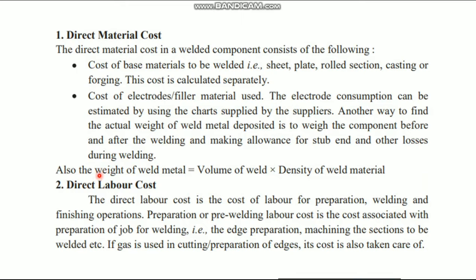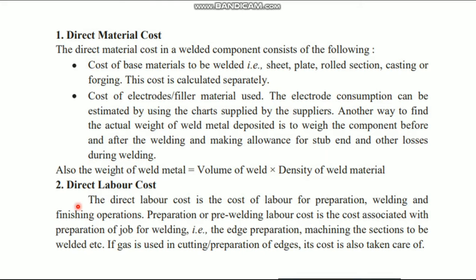Then the weight of the weld metal can be calculated as volume of weld times density of weld material. After calculating the weight, we can find out the cost of the weld metal by multiplying it by its rate per kg.